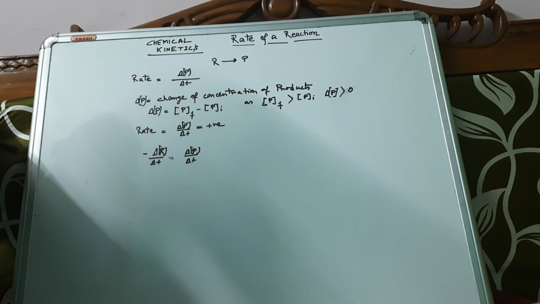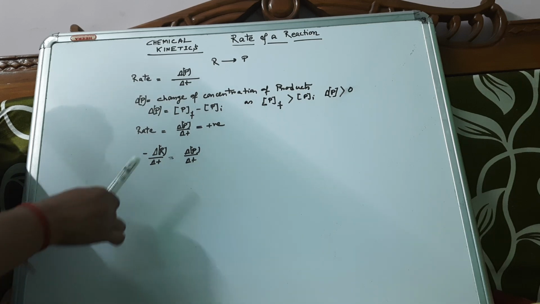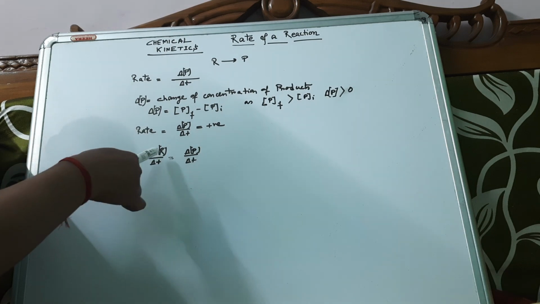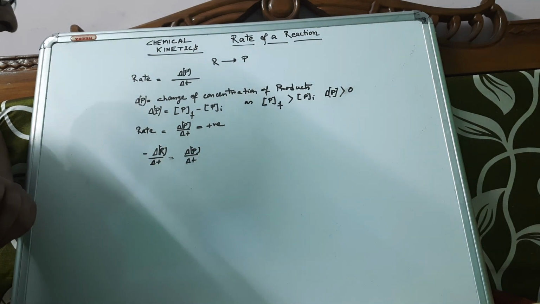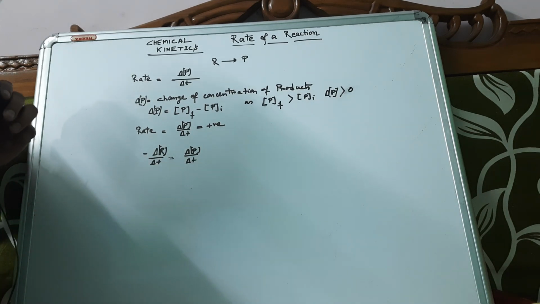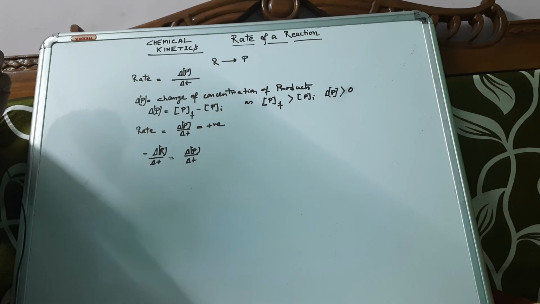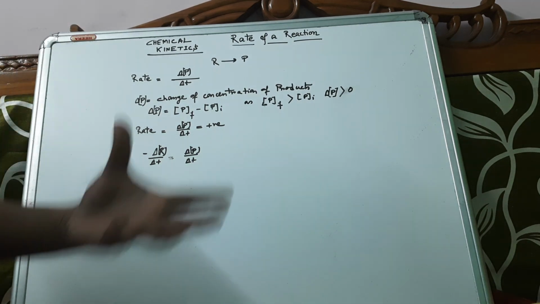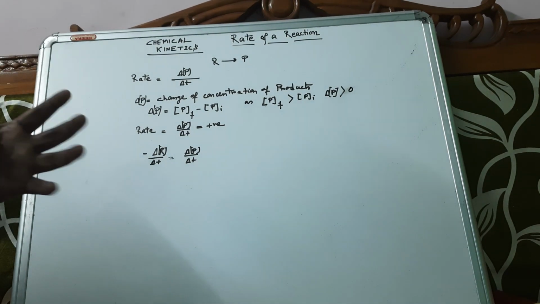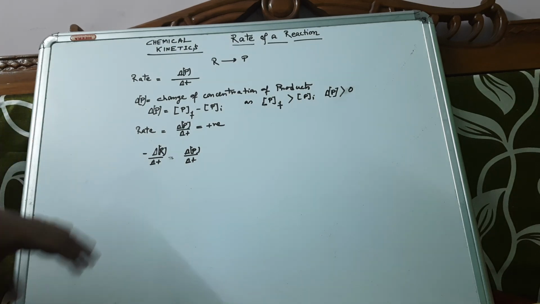The change of concentration of R, change of concentration of product, all these changes are finite changes, and the change of time is also finite. Finite means the change has some weight. The change is large, not too small.